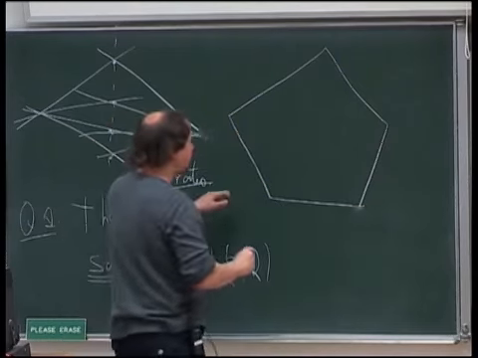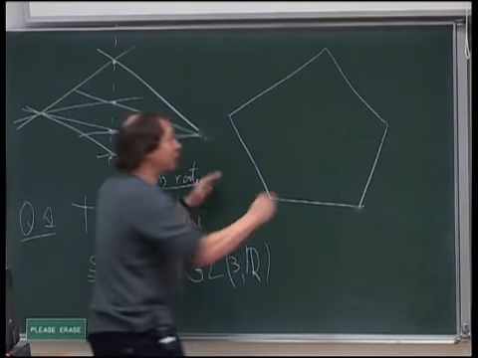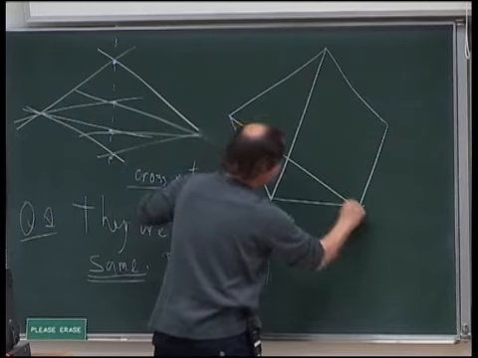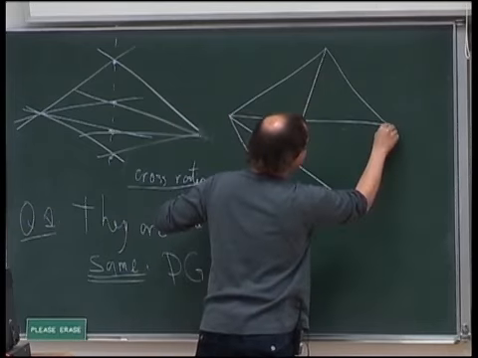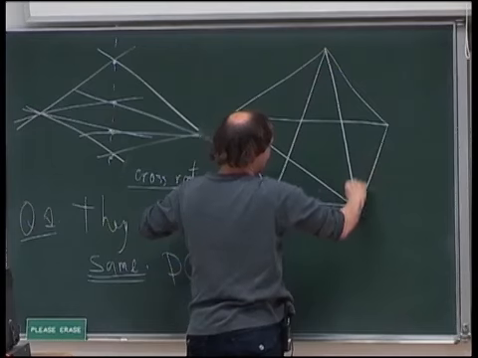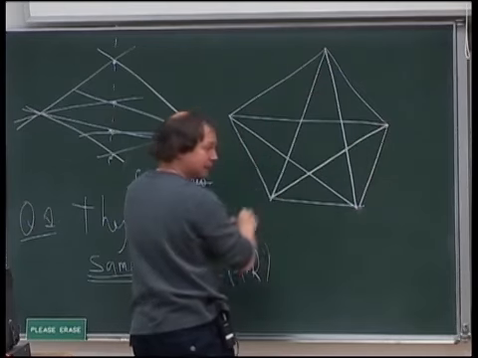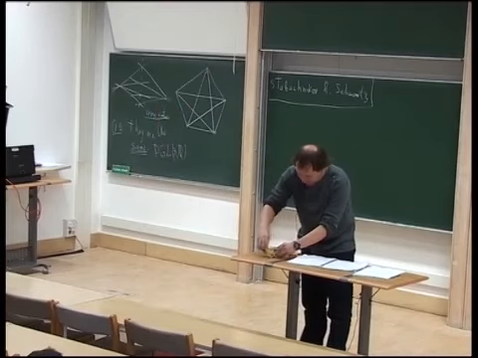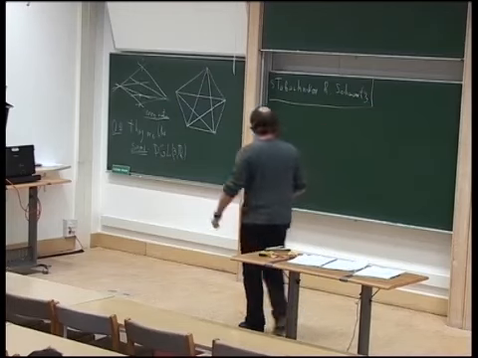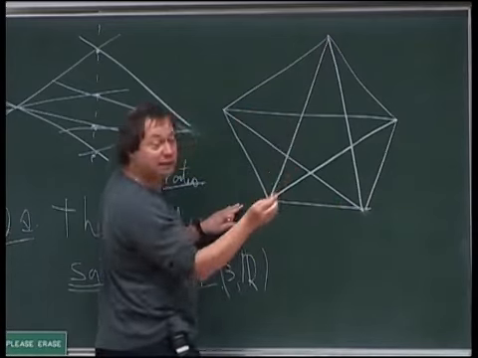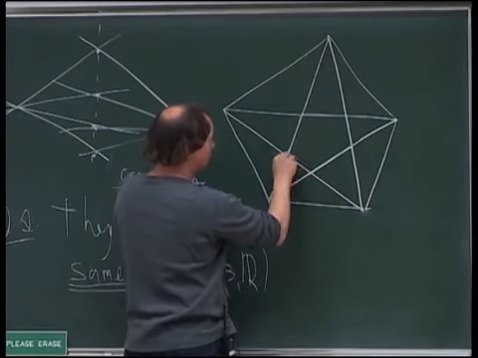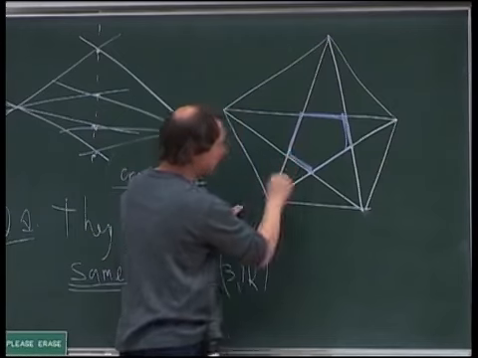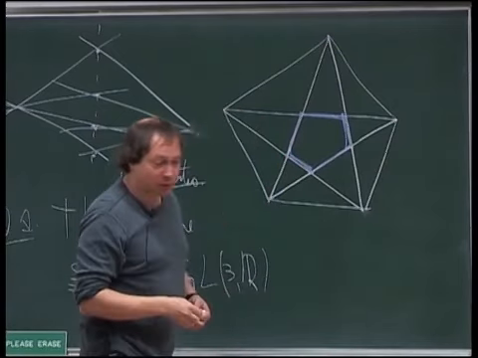Okay, so it is sufficiently arbitrary. Then, so given a pentagon, let us draw all the diagonals. And so what we get is another pentagon, a smaller pentagon inside.